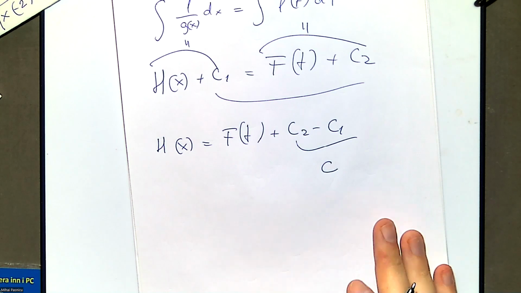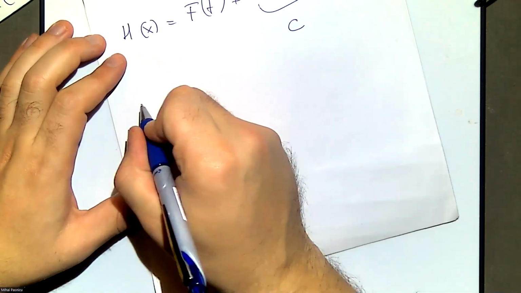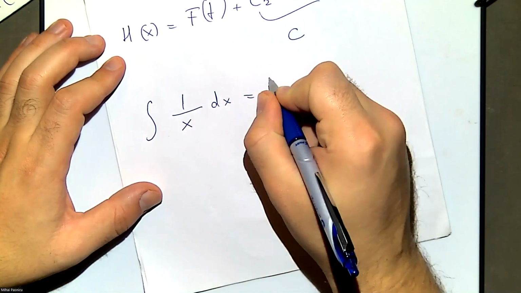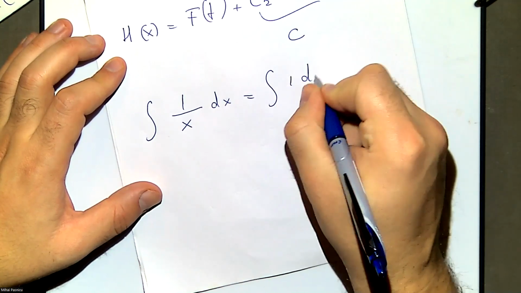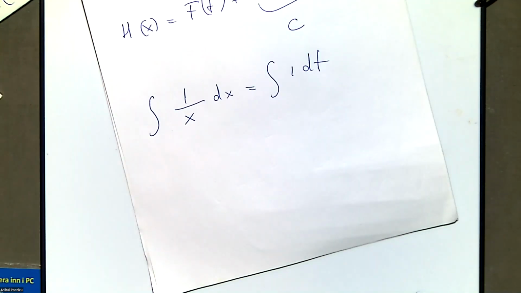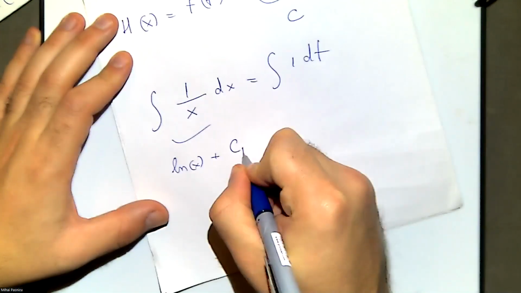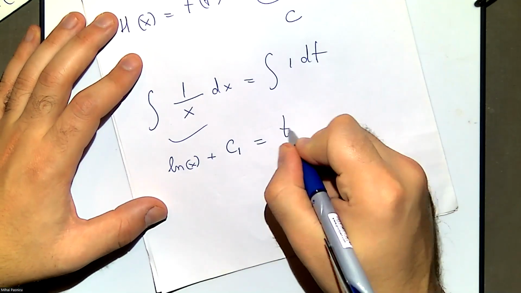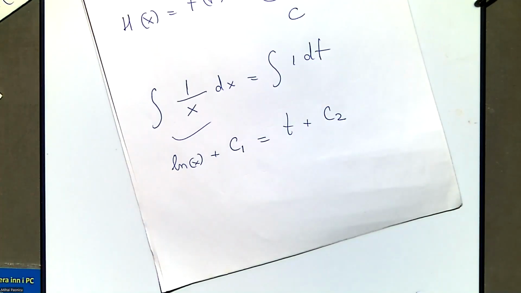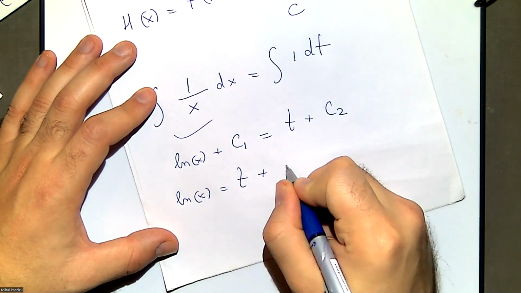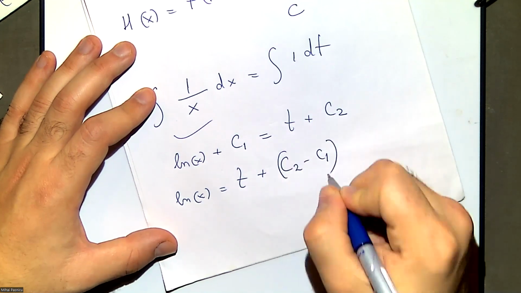Let's take a simple example. I'm just showing the concept, so I'll take literally the simplest integral I can think of. This looks pretty basic. I'm going to solve this and put both constants and see if there's any change. So this is ln of x plus constant 1 is equal to t plus constant 2. And then I can write ln of x is equal to t plus constant 2 minus constant 1.